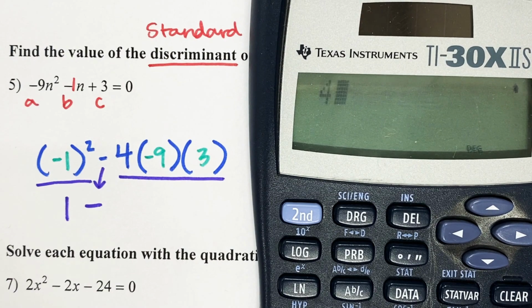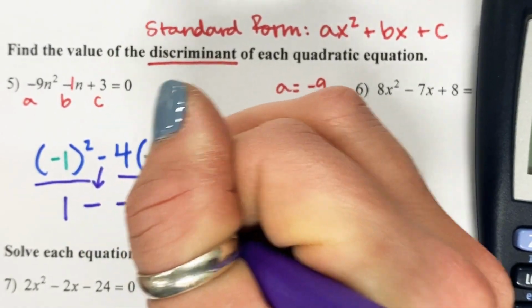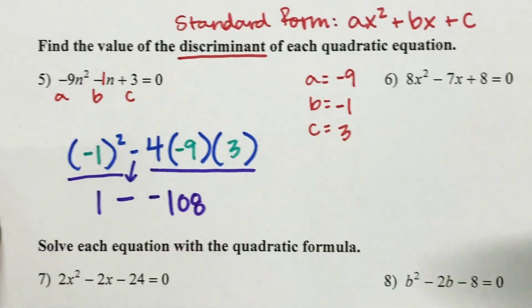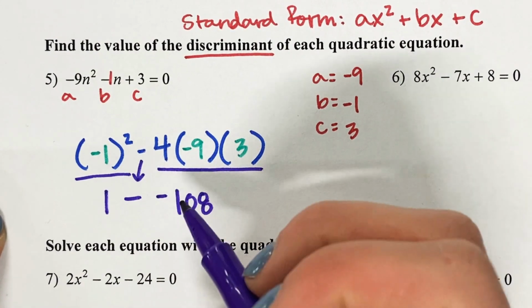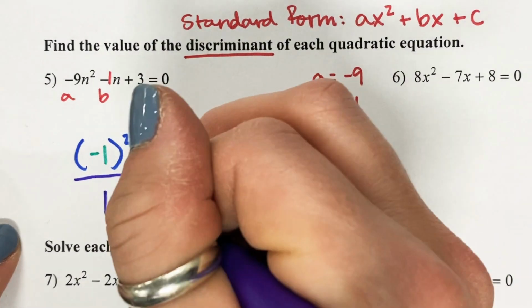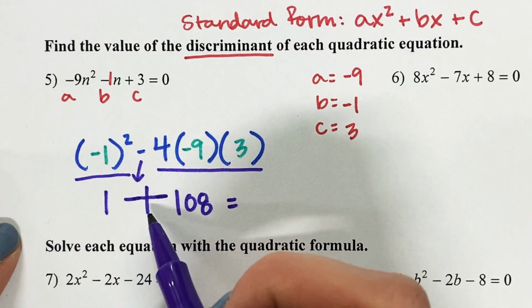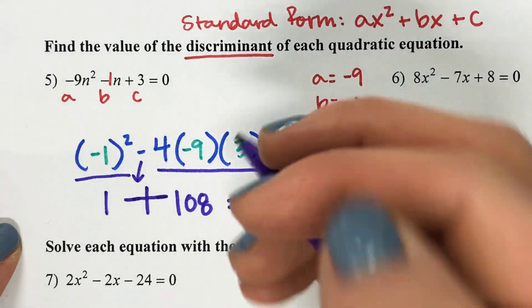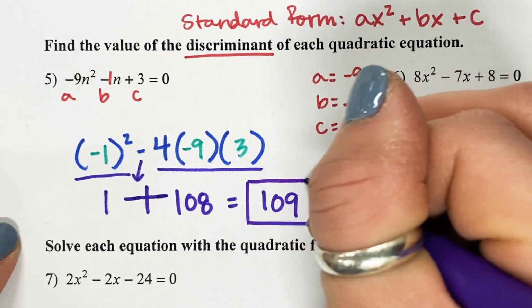I'm going to type 4 times negative 9 times 3. That gives me a negative 108. What happens when we have a double negative? 1 minus a negative 108 actually turns into a positive. So what is 1 plus 108? We get 109 for the value of our discriminant.